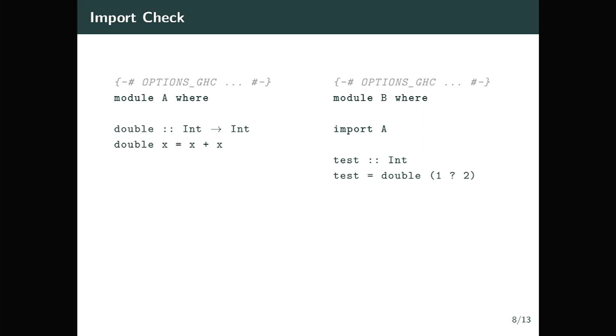And in order to be able to work with non-deterministic values, we need double to be transformed. And we can ensure this by only allowing plugin compiled modules like module B to import other plugin compiled modules, which in this case would be A. So it's a design choice to ensure that you can easily combine multiple functional logic modules with the embedded language of ours.